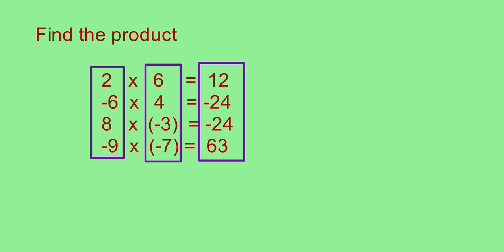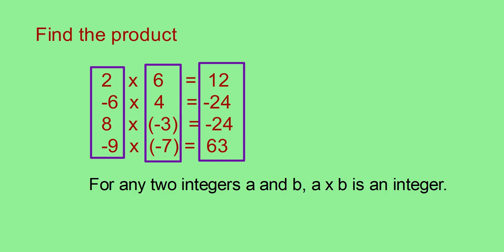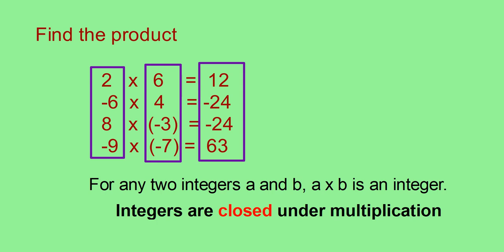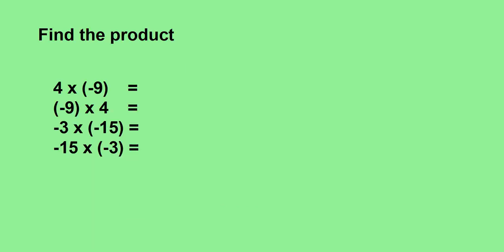This property we can call the closure property, and we can state it as: for any two integers a and b, a into b is an integer. And we can say integers are closed under multiplication.